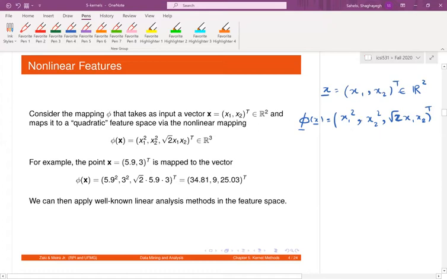So you can see that we are going from a two-dimensional space to a three-dimensional space, because we have 3 new features, right? x1 squared, x2 squared, and this multiplication between x1 and x2, right? So we are going from lower dimensional, which is 2, to a higher dimensional, which is 3.